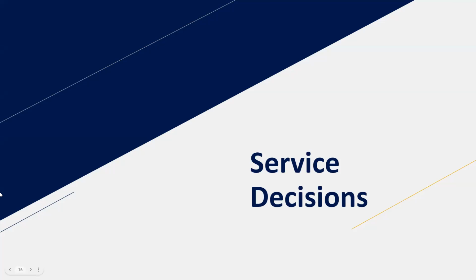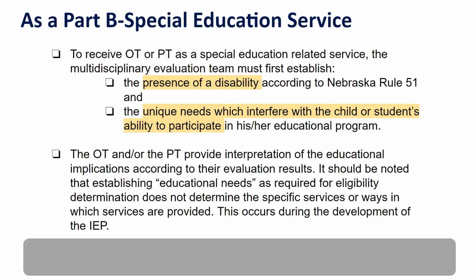And when we think about what is required and talking about that paraprofessional role and having them support that, we come to the service decisions. We talk about those in our IEP meetings. We talk about those in our MDT meetings.